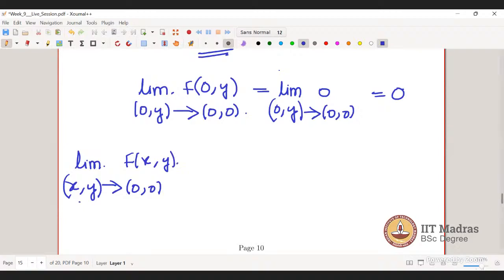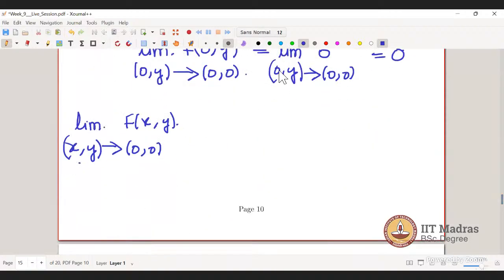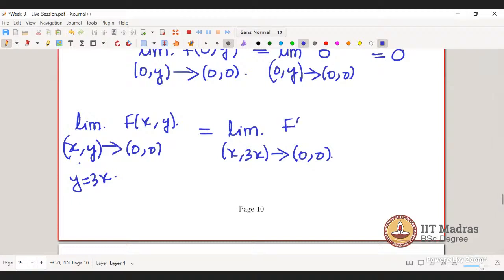The x, y coordinates cannot be anything; you have some relation. What is the relation? y equal to 3x. So this I can write as limit (x, 3x) tends to 0 of f of x comma 3x.